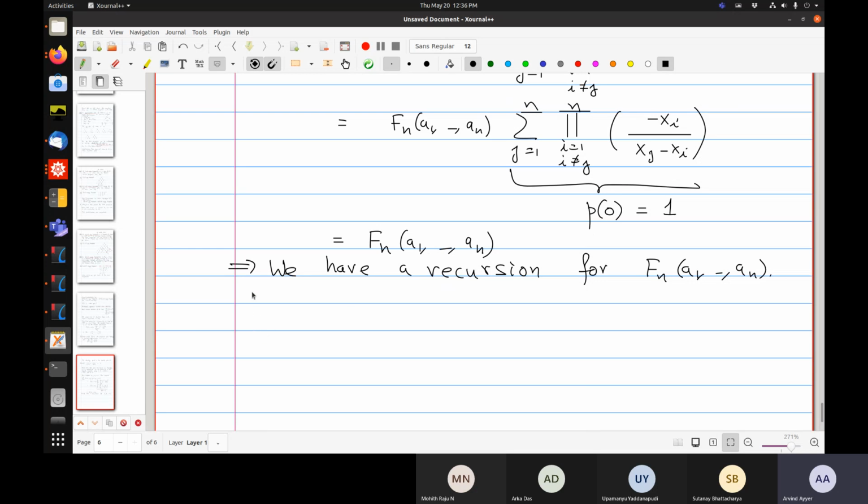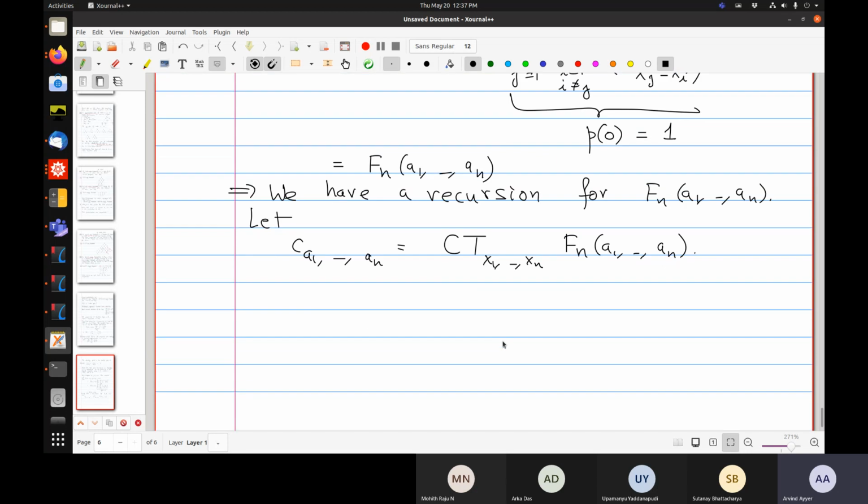Okay, so let C(a_1 up to a_n) be, I'll use this notation, the constant term in x_1 up to x_n of F_n of a_1 up to a_n. Okay, so this is what we want to compute, and we want to show that this is equal to this multinomial coefficient. Since F_n satisfies this recursion, the constant term also satisfies the same recursion.